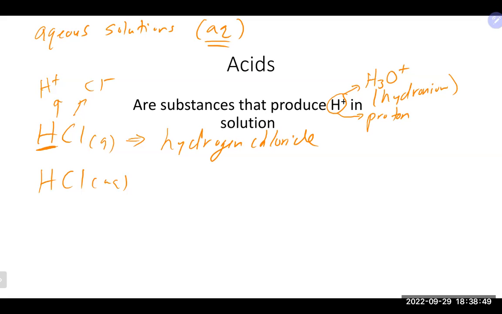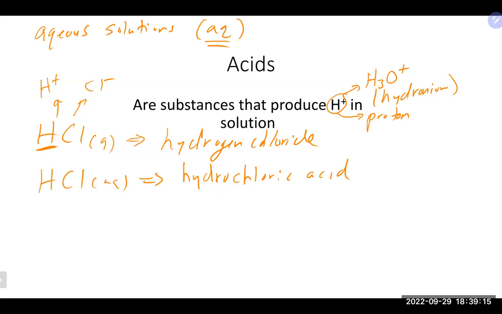So if you have HCl in the gas state, that would be hydrogen chloride. In the aqueous or solution state, it becomes what is known as hydrochloric acid. So the aqueous is important to distinguish that you are dealing with an acid versus the gas version, and obviously you would name it slightly differently as well.